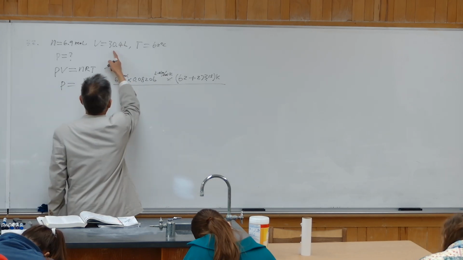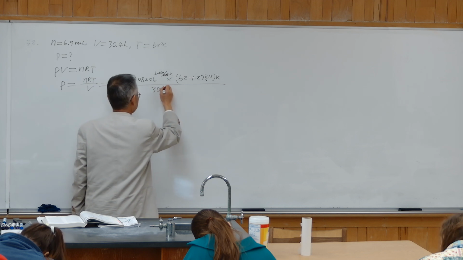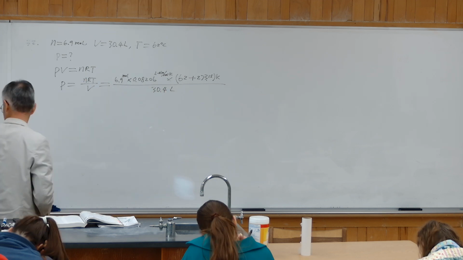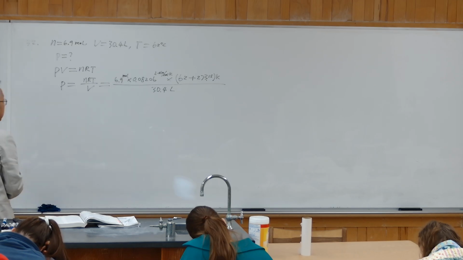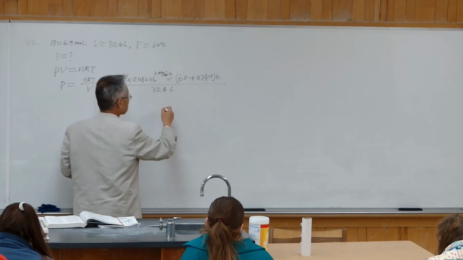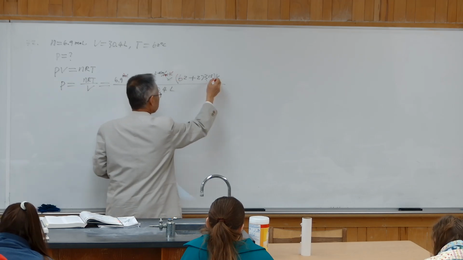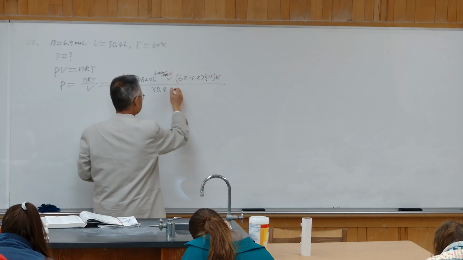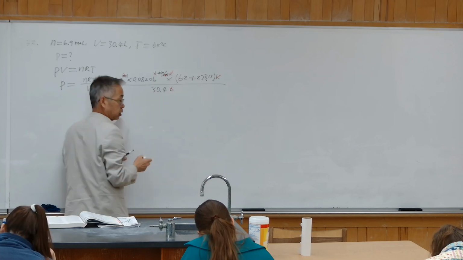V is 30.4 liter. Right. Then you find mole cancels this per mole, Kelvin cancels this per Kelvin, and the liter cancels this liter. Leftover ATM.